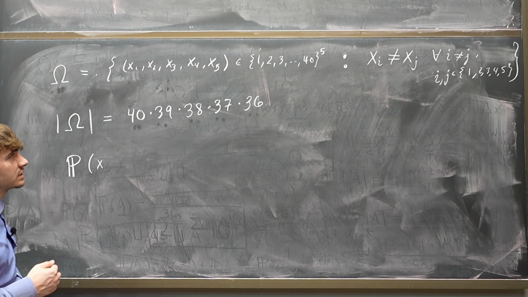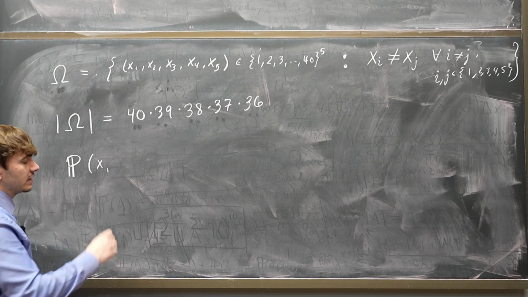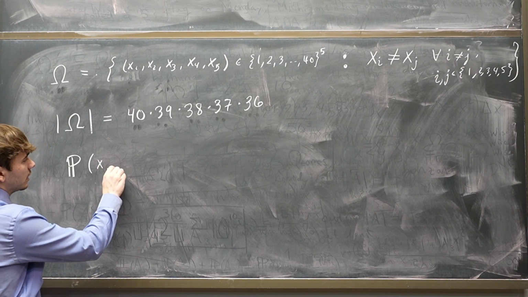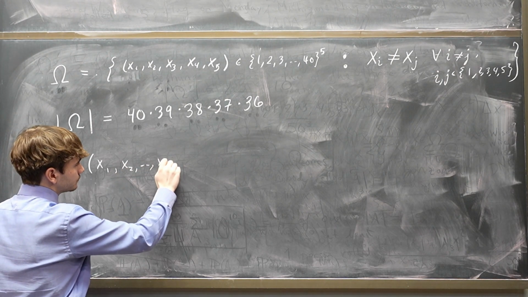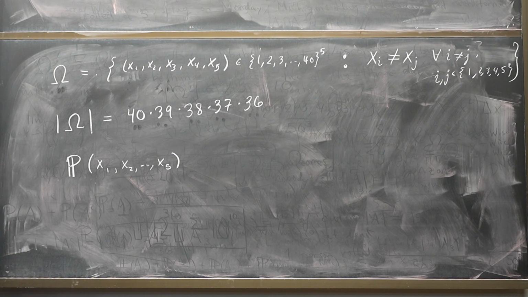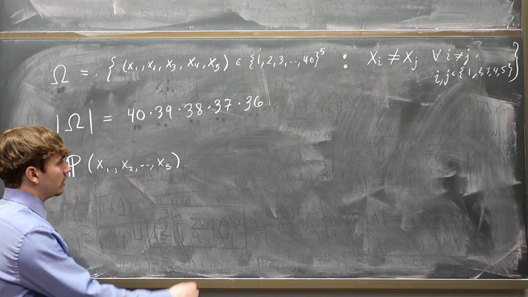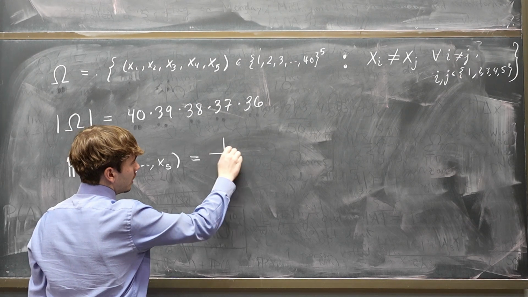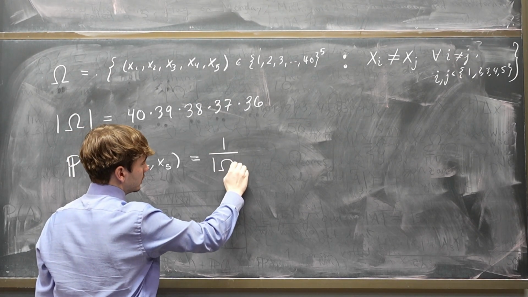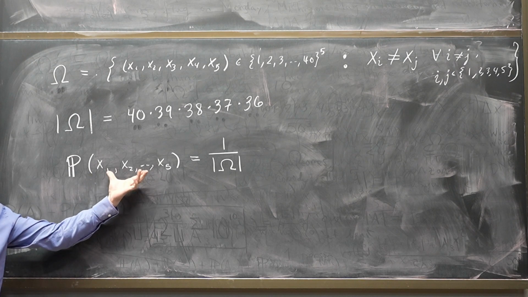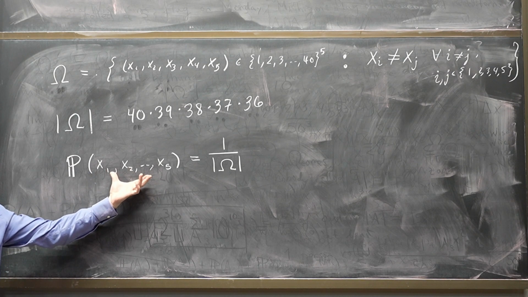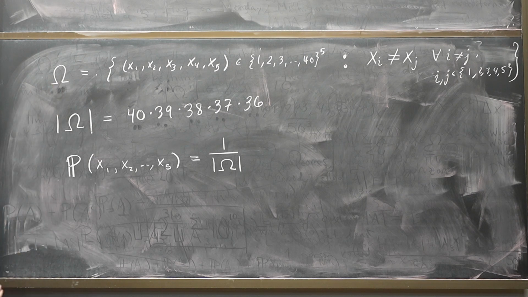Okay, so in this case, if I assign a probability to an outcome, so to a specific element of my total space, well, this is just going to be 1 over the cardinality of omega, where this holds for any choice of outcome in capital omega.